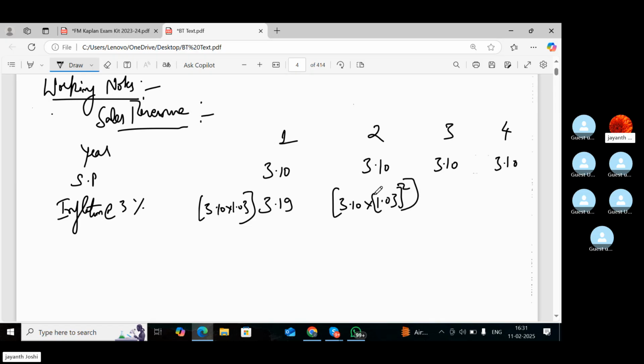It's going to be 3.29. See, I'm going to write down because of space constraint. Or if you do 1.03 into 1.03, 1.0609 into 3.10, it's going to be 3.288, that is 3.29. Again, you can take this and multiply with 1.03, or you can take 3.10 into 1.03 whole cube. See your wish.